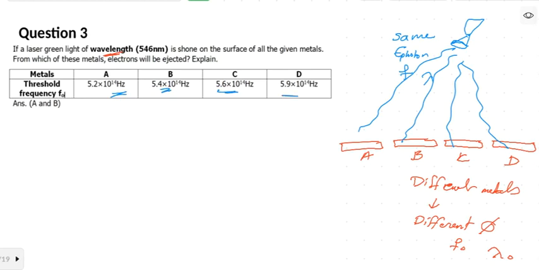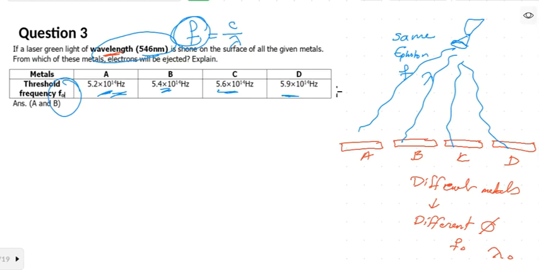So simply what I do, from the wavelength we have, I find the frequency of light used, or the frequency of photon, c over lambda. If I know the frequency of light and I know the threshold frequency of all metals, simply I compare and I decide from which metal the electron will be emitted.